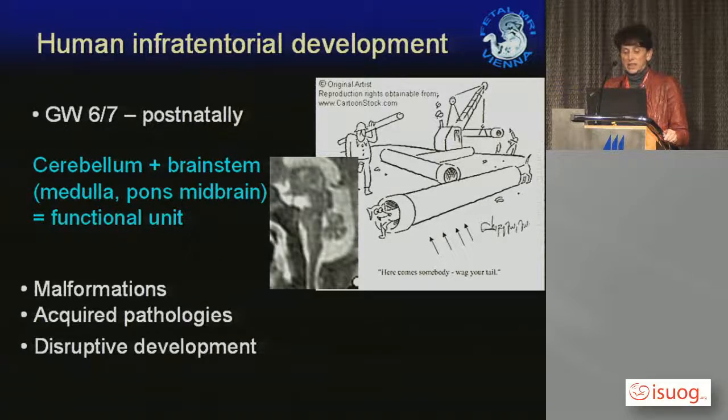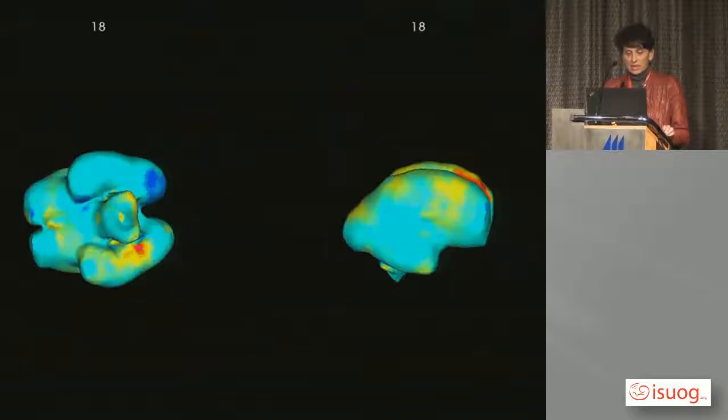Let me start with some definitions but before I would like to show you a spatiotemporal model of brain development derived from MRI data, starting at gestational week 18 and going to gestational week 34 or 36. And in this model, you will see the movie, the structures in red are developing.